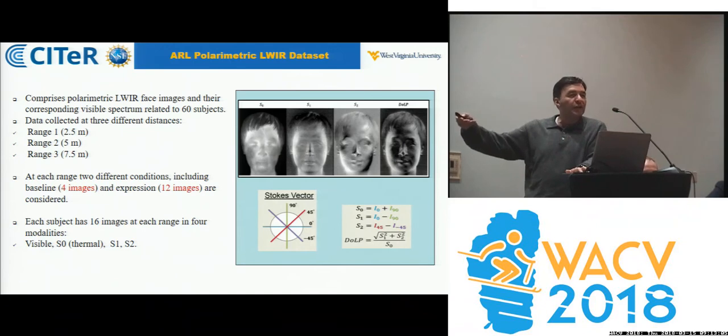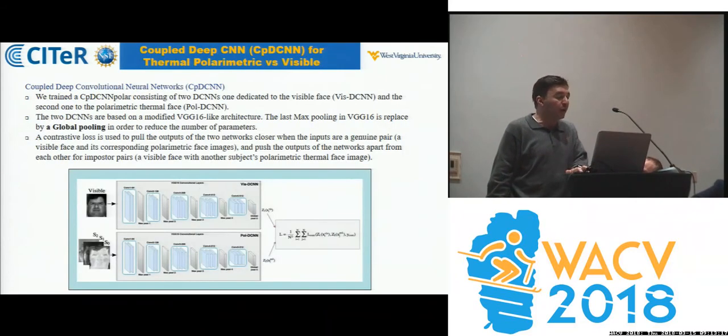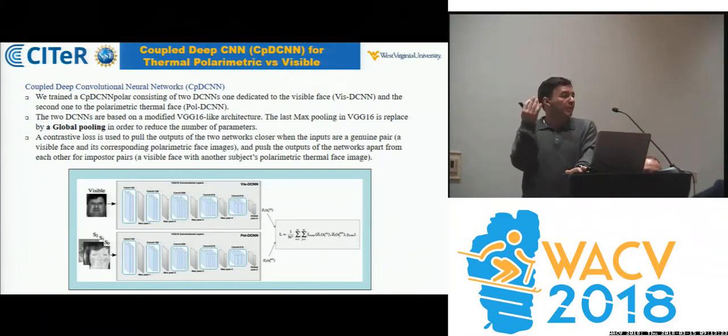The goal here is to input all these 3 images into our algorithm and compare it with thermal only, and see whether we do better. We're going to show that yes, we do better, because the polarimetric state information gives you the surface topography of the faces.